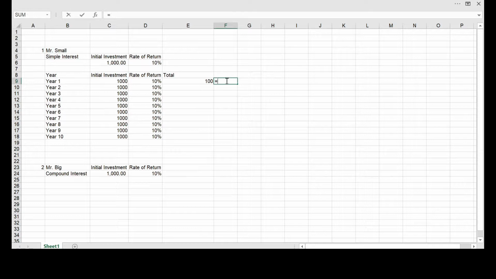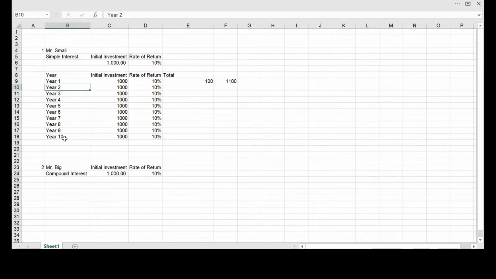Now, if we shall add this interest on the investment of Mr. Small, it means that by the end of the first year, he will have $1,100 on his savings.